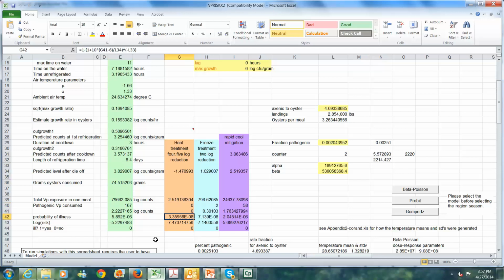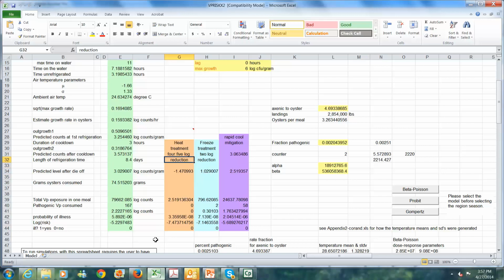There is a vanishingly small probability of illness, even though logically with no pathogenic Vibrio you would expect no probability of illness. But remember, this is being fit into an estimated equation, so there is a very small probability that remains. But the consequence is that this person did not get sick, because the order of magnitude of illness is 1 out of every 100 million or so people.